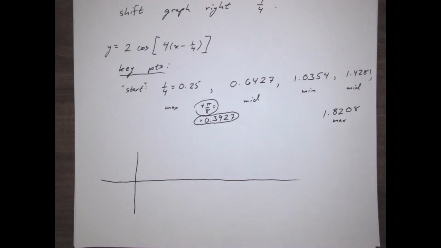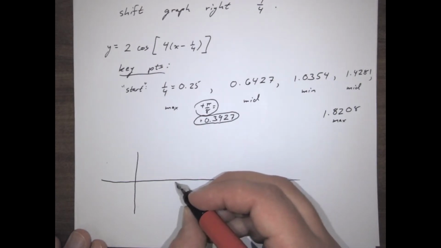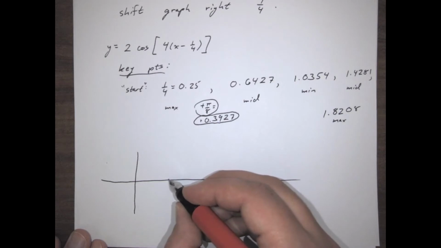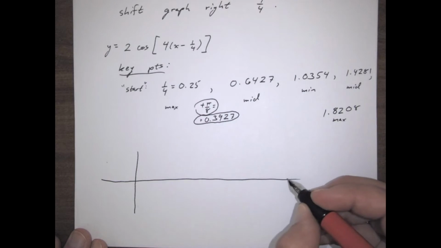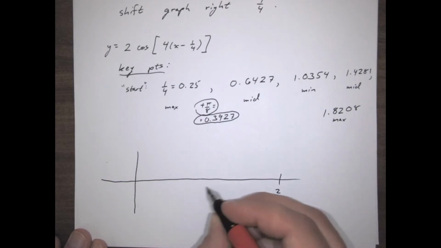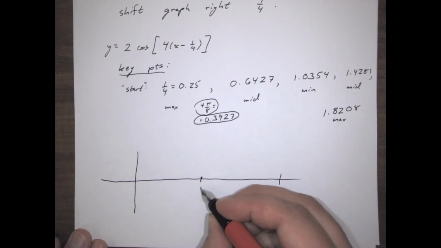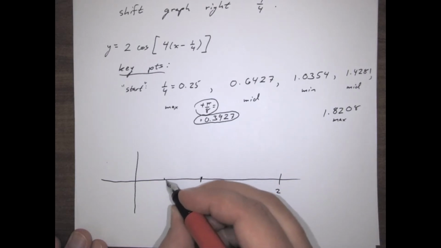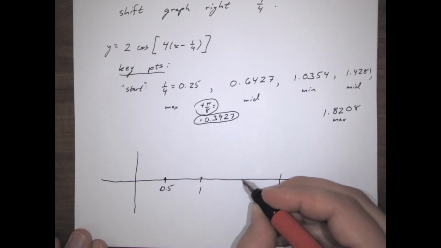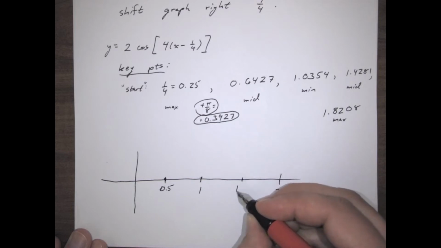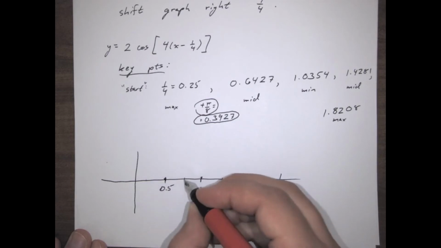We have a maximum here of 1.82, so let's just say 2, 1, 0.5, 1.5, and then the quarters right there.